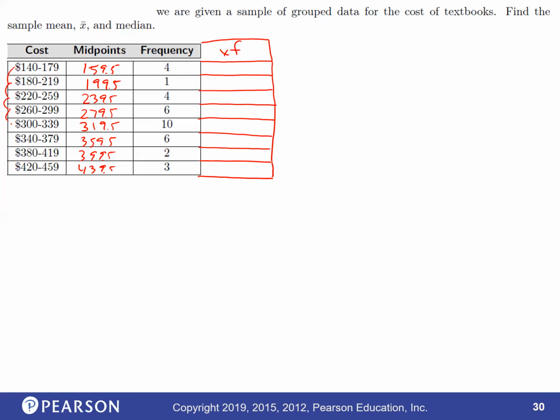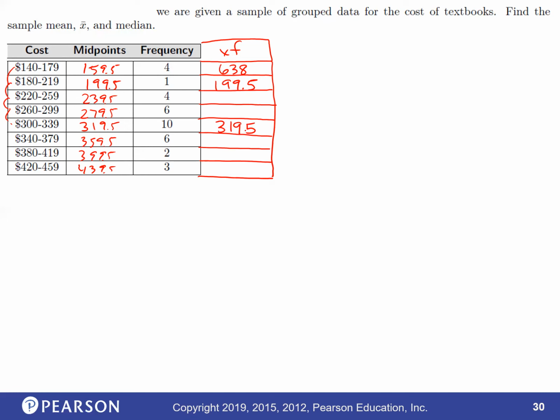Okay, help me out with calculator. What is the multiplication? Say it slowly so I can write it down. Okay? So 159.5 times 4. Exactly 638. Okay, perfect. Give me the next one. Oh, you know, I'll do another one for you guys.